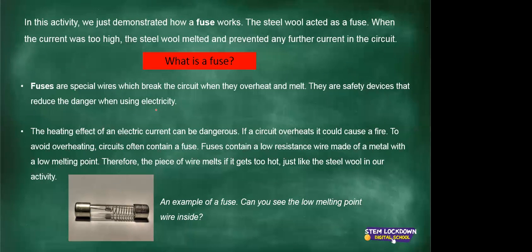So basically, fuses break a circuit because it will prevent overheating and melting, and it is used as a safety measure. Okay, and it's a safety measure because it reduces danger.